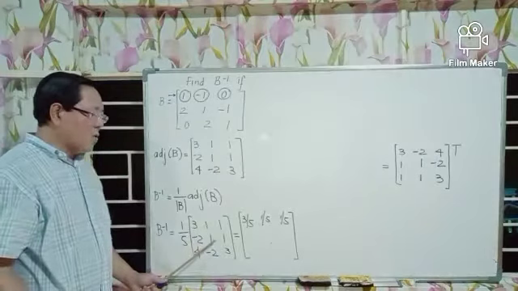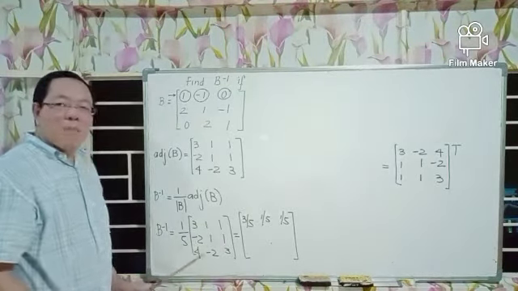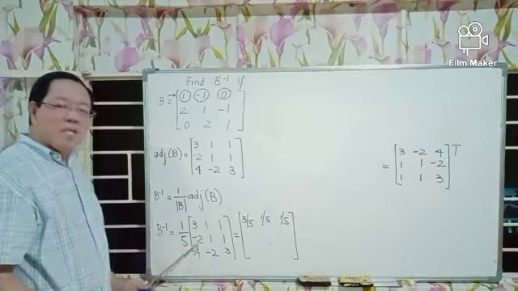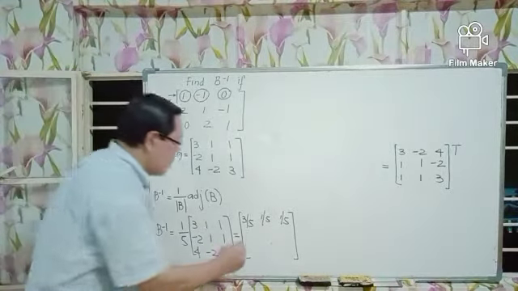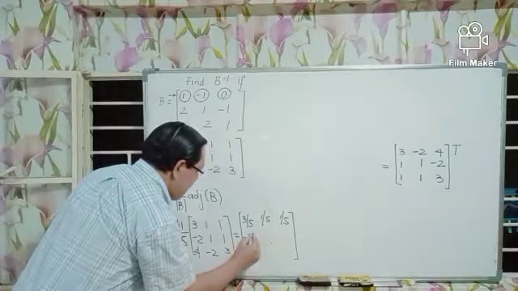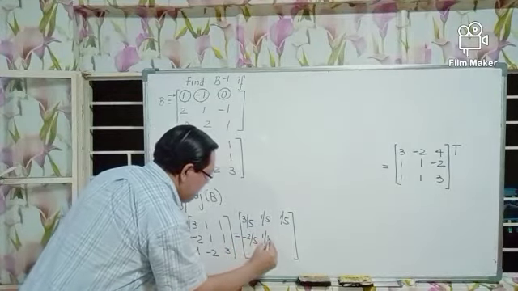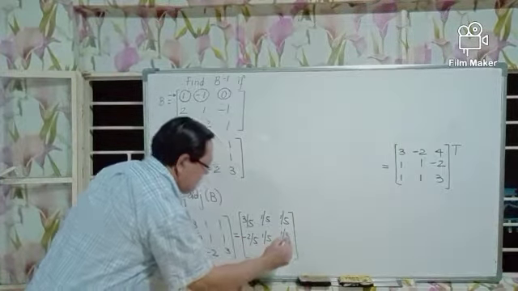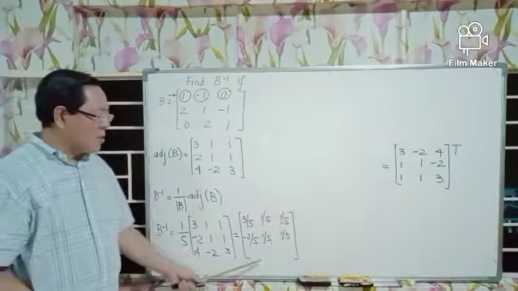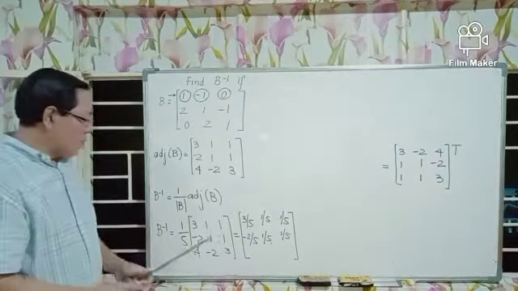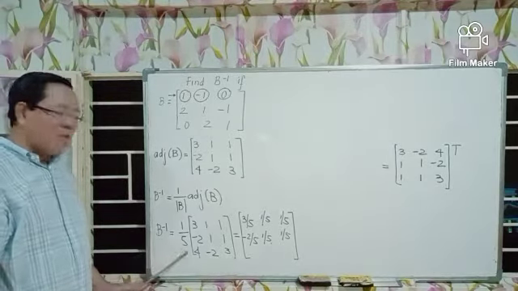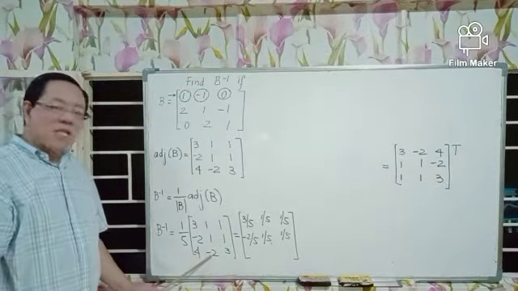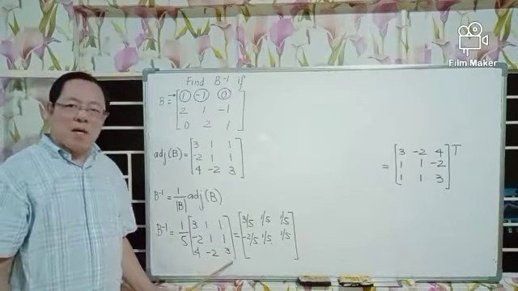The second row, each entry multiplied by 1 over 5, we get negative 2 over 5, 1 over 5, and 1 over 5. And each entry of the last row, third row, multiplied by 1 over 5, we get 4 over 5, negative 2 over 5, and 3 over 5.